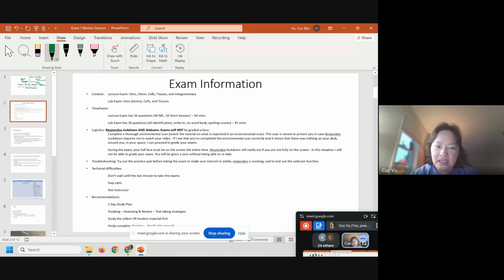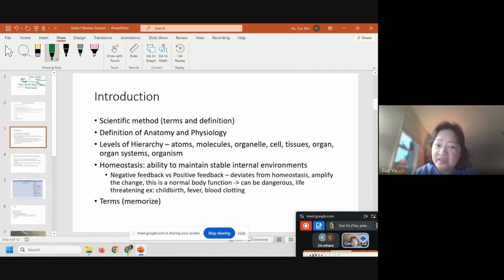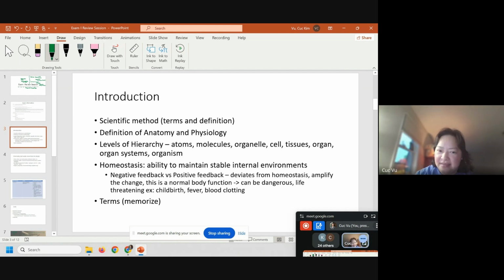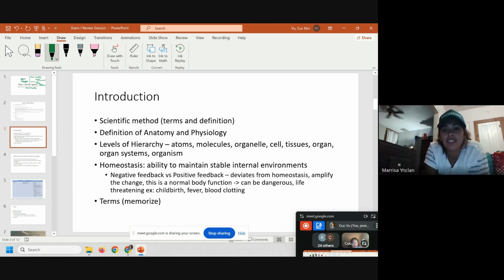All right, so let's go right into it. In the introduction, make sure that you know the scientific method, the terms and definitions, and be able to define anatomy and physiology. What's anatomy, by the way? Study of the body. What specifically of the body? The muscles and the bones.